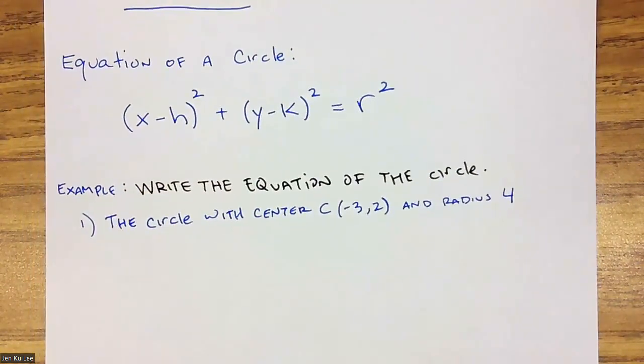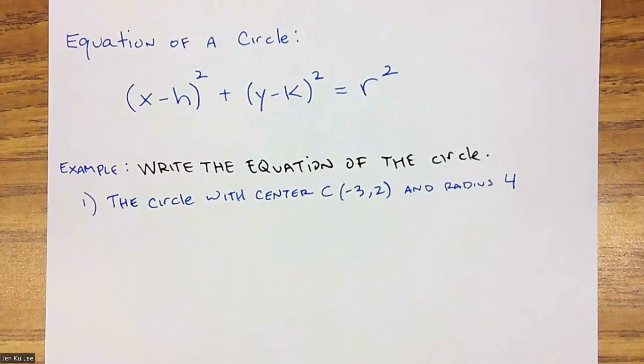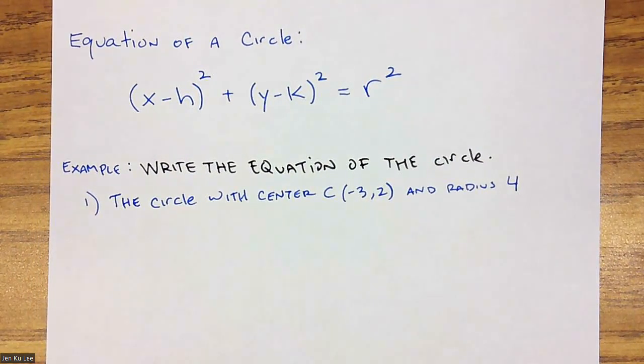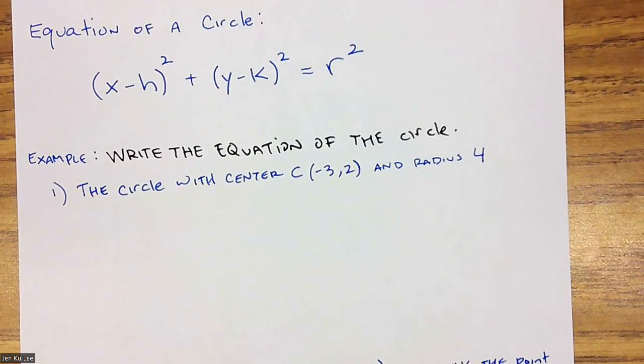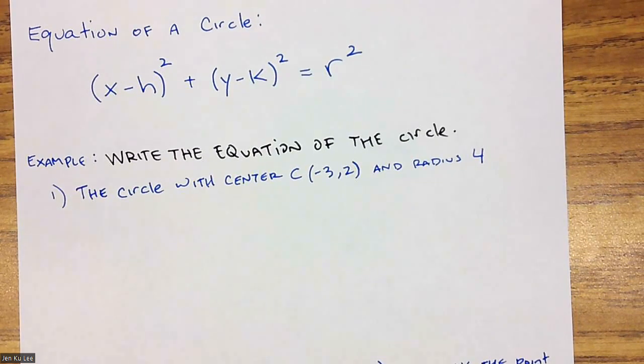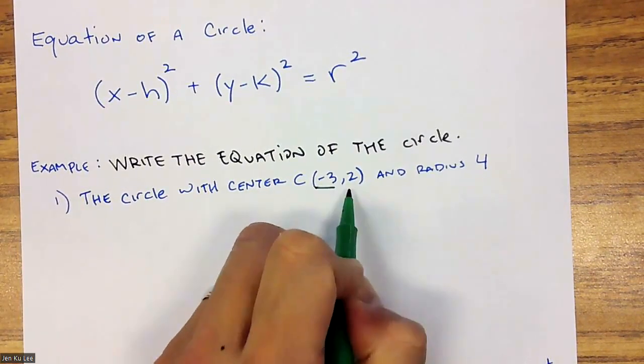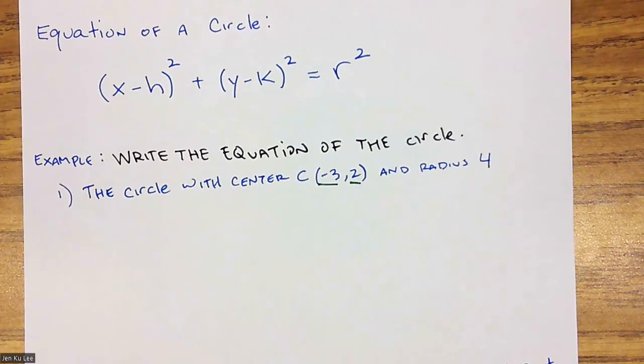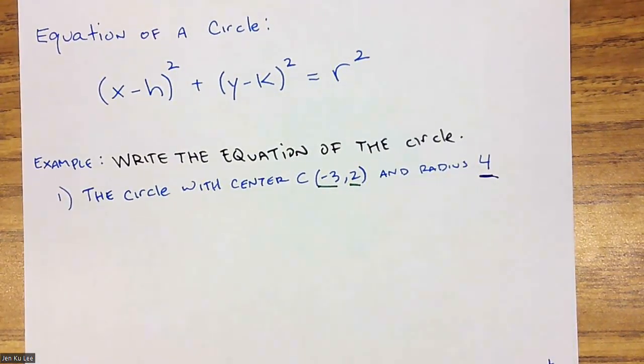Okay? I ask you to write the equation of the circle. The circle with center C as -3, 2, and a radius of 4. Okay? Center is -3, 2, and the radius is 4.